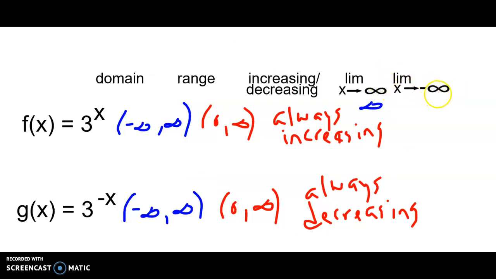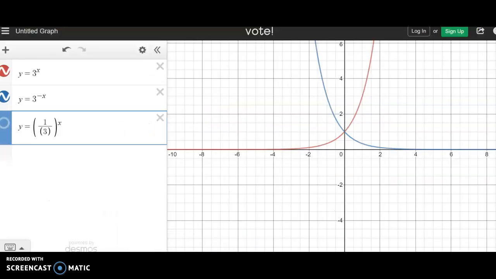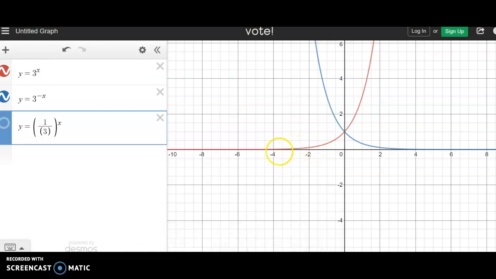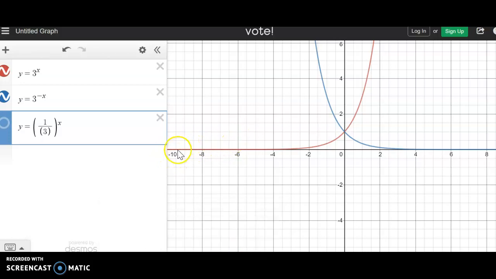What's the limit as x approaches negative infinity? In other words, what's happening to y as x gets smaller and smaller and smaller? Well, on the red graph, I see that as x gets smaller and smaller, the y-coordinates aren't approaching negative infinity. They're approaching 0, right?